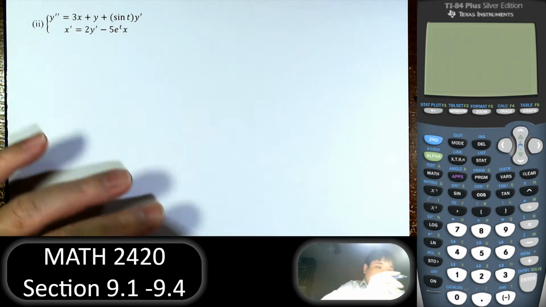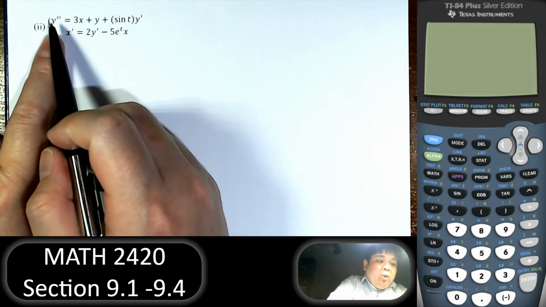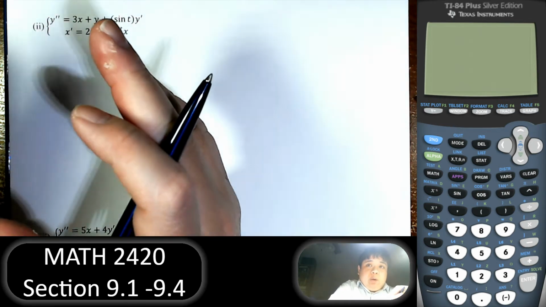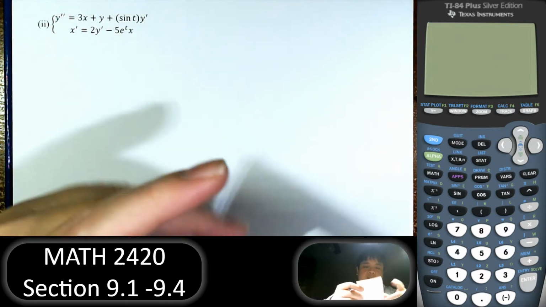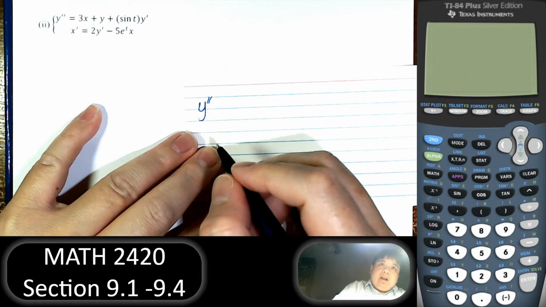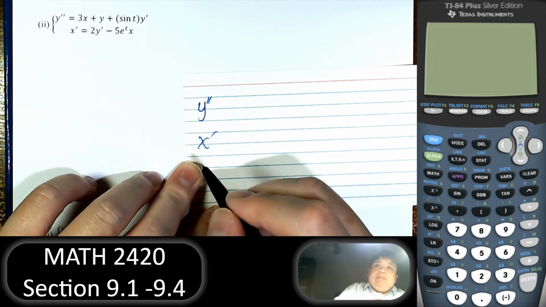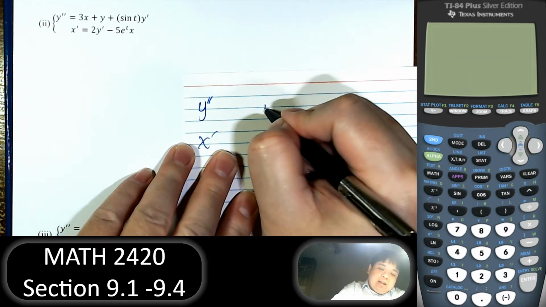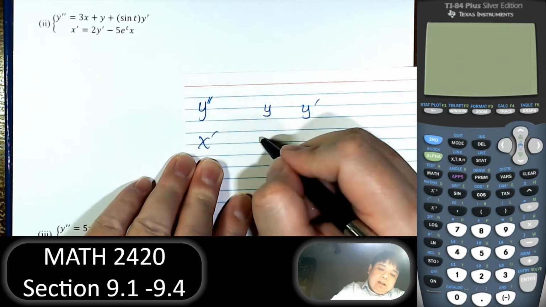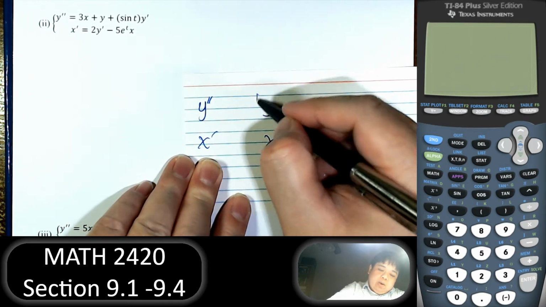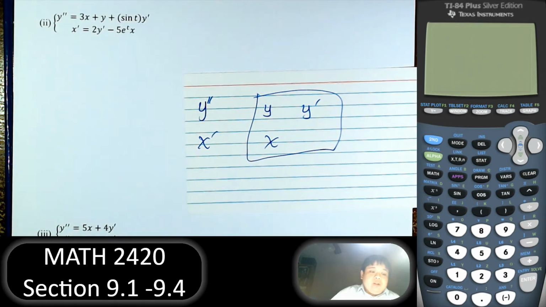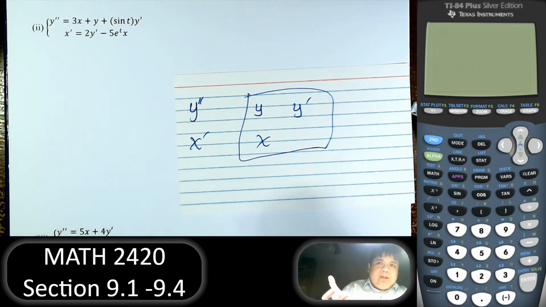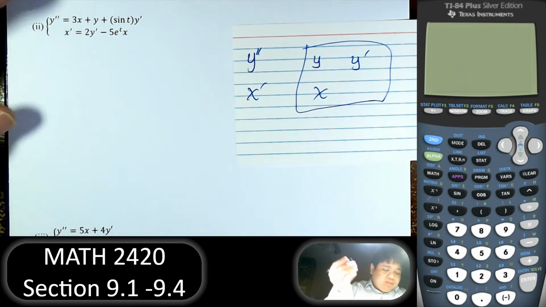Right, same thing. Now what do we have? On the left hand side we have y double prime and x prime. So in that case, what we need variables for is everything with order less than that. So on the left hand side we have y double prime on this side, and x prime on this side. We have to have the orders of derivative less than that. So we're going to have y and y prime, and at a lesser degree than x prime is x. So we're going to need 3 variables for these 3. Right? So let's use z, or we could use x, doesn't matter.